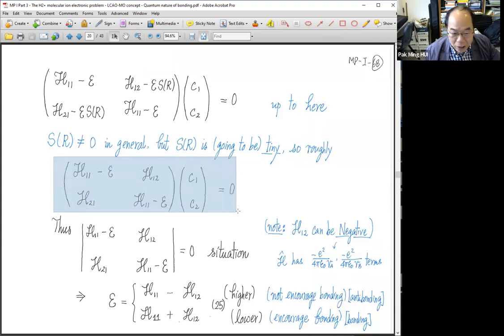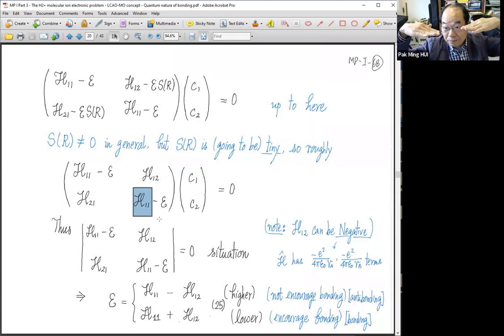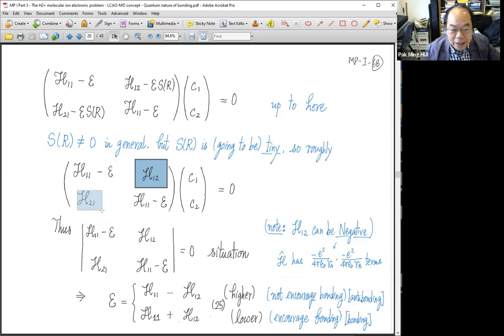Then you have this very simple situation. It is a 2x2 problem with identical H11 on the diagonal, roughly minus 13.6, minus 13.6. This is the atomic state. Then it is H12 that is pushing.